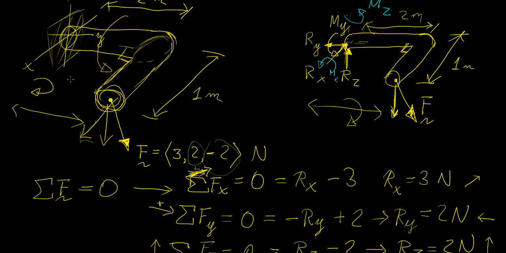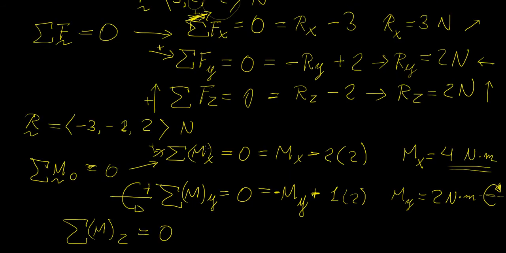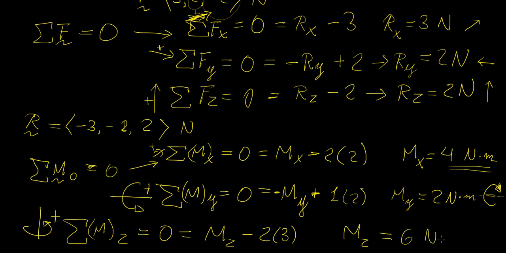So it makes sense to have the moment reaction here, and then the distance is just going to be the 2 meters going along. So x component. So let's assume that this is the positive direction, such that we have mz minus 2 times 3. Therefore, mz is going to be equal to 6 newton meters. And we know this is the direction of that.